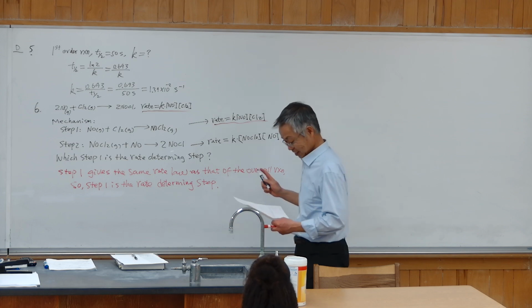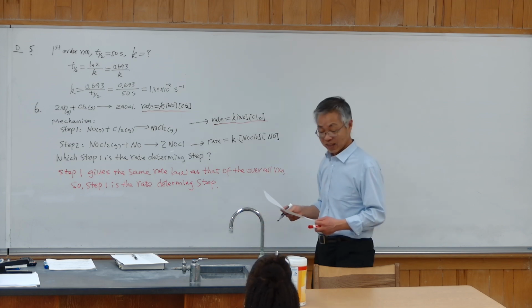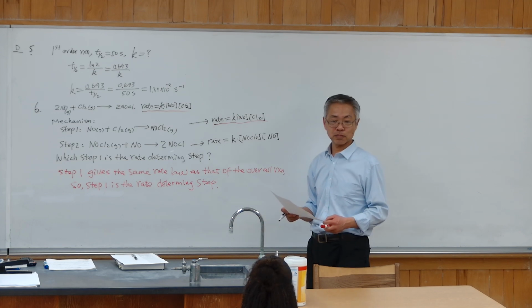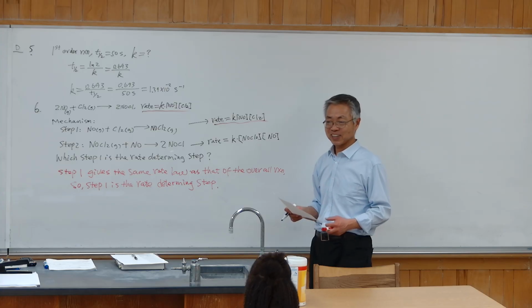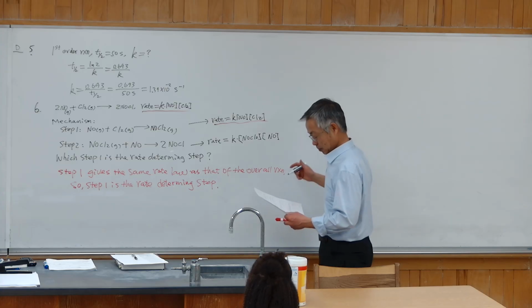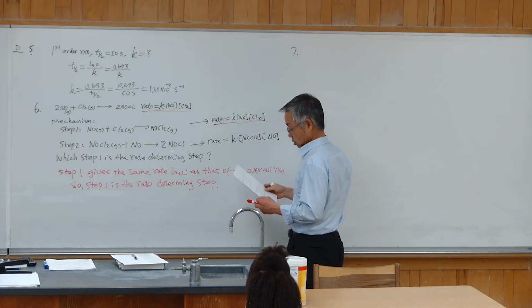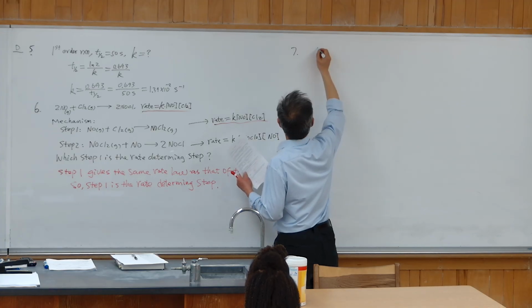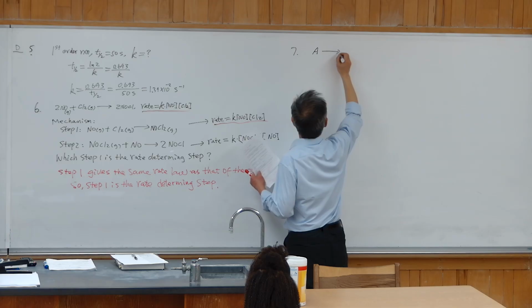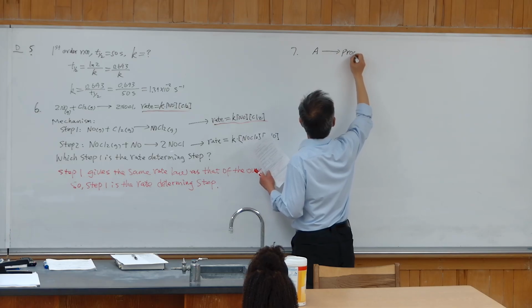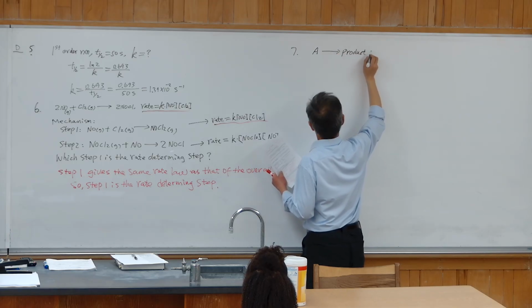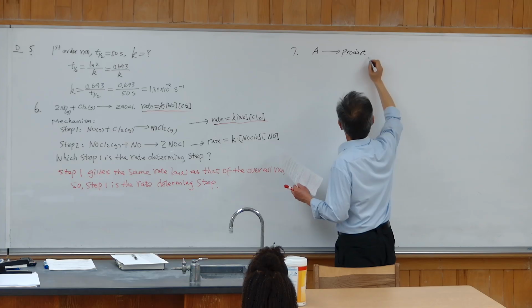Okay. The next 2, most problems come from the next 2. You must show work. Question 7. A first order reaction, one reactant converted to product.